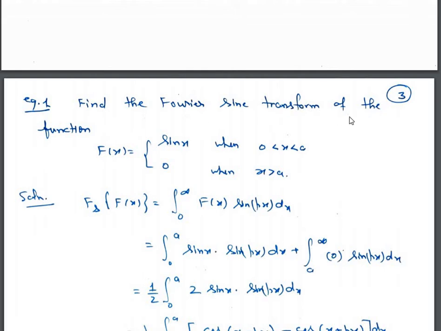Find the Fourier sine transform of the function capital F(x) is equal to sin x when x lies between 0 and a, and capital F(x) is 0 when x is greater than a. So now here we have to find the Fourier sine transform of this function. By definition, F_s of f(x) is integral 0 to infinity f(x) into sin px dx.